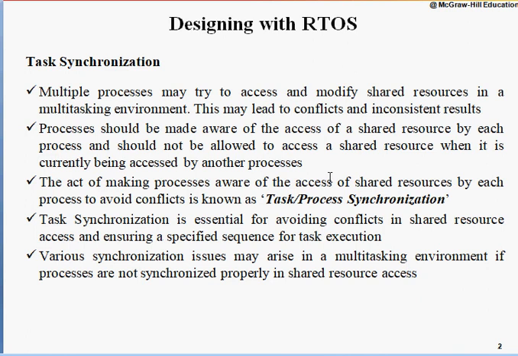Doing so, to some extent, data inconsistency could be avoided. So that's the work of task synchronization. The act of making processes aware of access to the shared resource by each process to avoid conflicts is known as task synchronization.